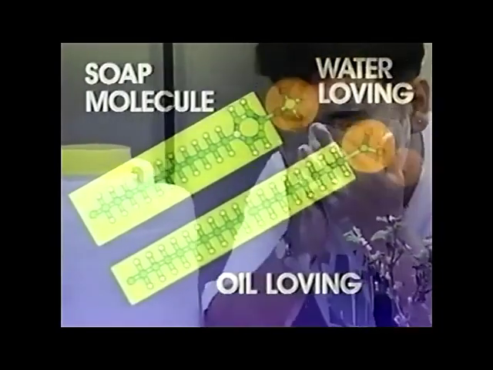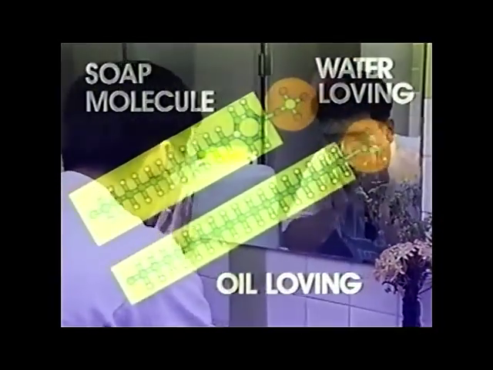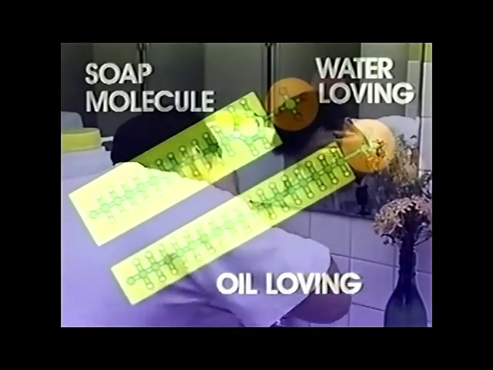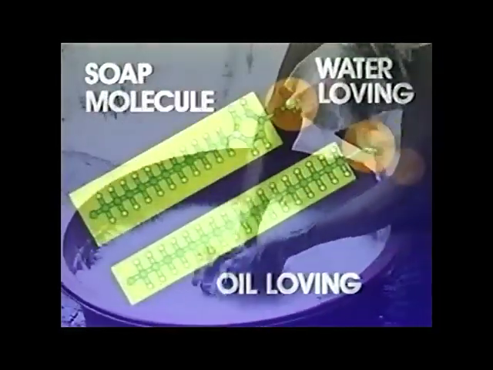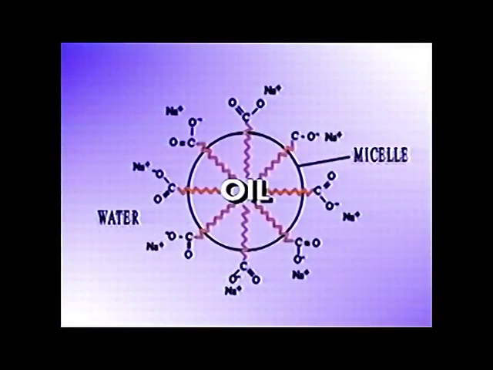Soap or detergent molecules have two parts of opposite natures. One part is attracted to and dissolves in water. The other part is oil-loving and dissolves oily dirt. The soap molecules form micelles, which are clusters of molecules concentrated at the interface of oil and water.